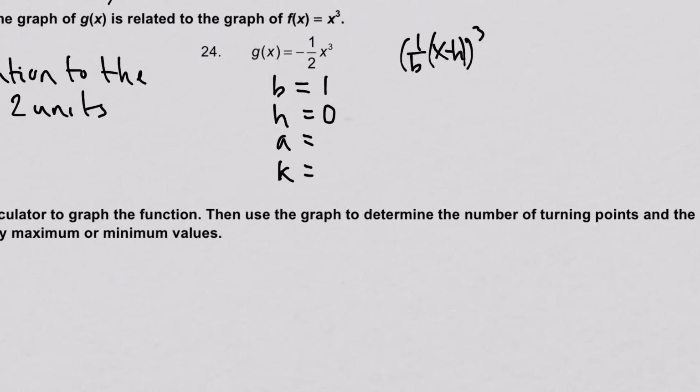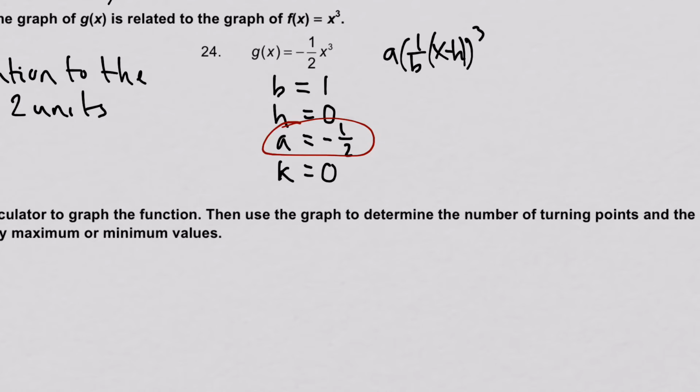A, that's what that negative 1/2 is. That is A. A is here, in front of everything, of the parentheses. And K is once again 0. So here in this one, the only one that matters is A. Right? The other ones did not make a difference at all. So what does that A do?